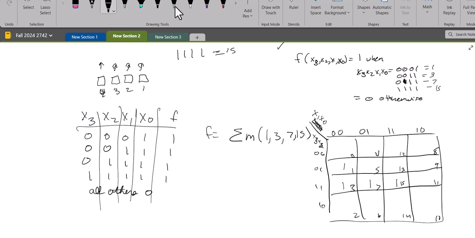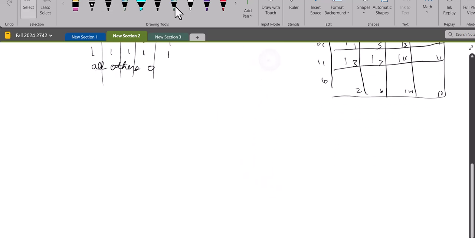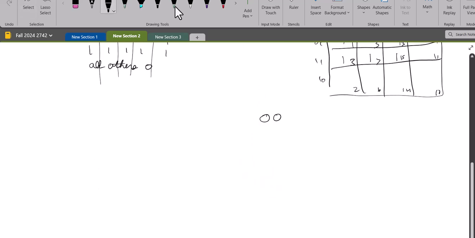It also depends entirely on how you set up your K-map. But you could also do it without a K-map just by looking at the numbers 0001, 0011, 0111, 1111.